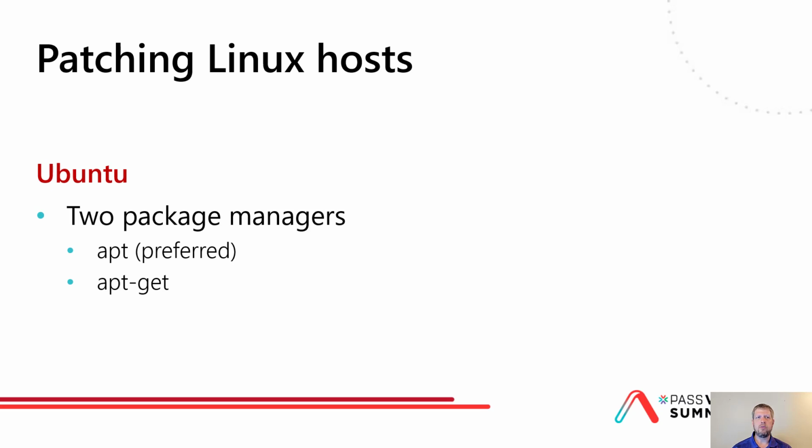It's one that's available pretty much universally in many Debian-based distributions, of which Ubuntu is one. But the preferred one is a newer version of apt-get called just apt. There are some minor differences between the two as far as the way that you interact with it. But for the most part, they adopted much of the same syntax for apt as for apt-get.